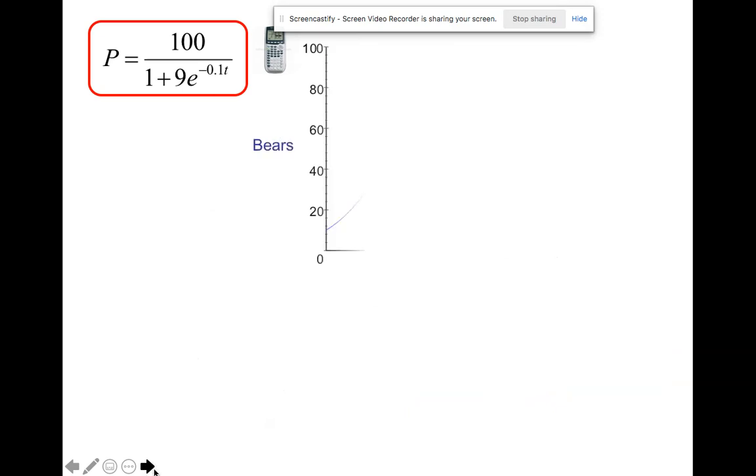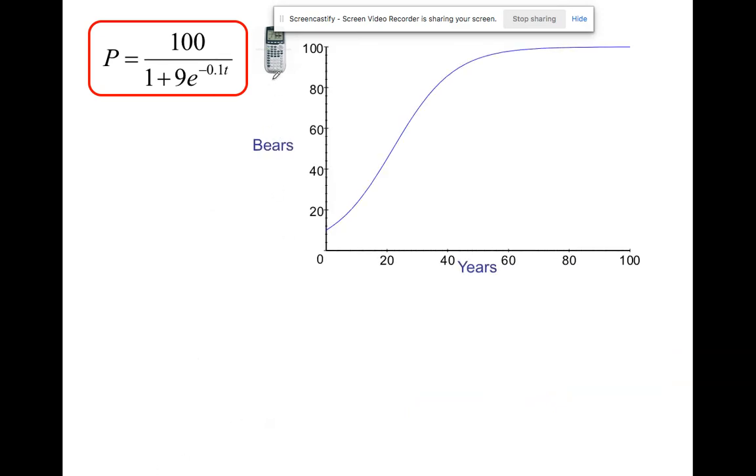All right, so let's answer some questions now. As I said, I put this into Y1 and I adjusted my window. I made my Y max 100, and I made my X max 100. And you should be able to see this curve. It looks logistic. Notice that here's your initial population of 10 bears. And then you swoosh.